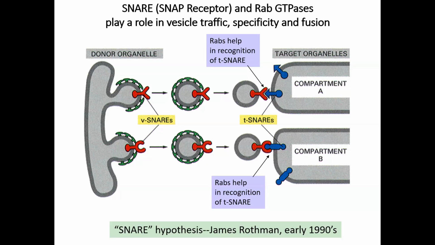So the first part, we actually saw how the vesicles form right here. That is what we're seeing, the donor organelle. This could be the ER, the Golgi, or the trans face of the Golgi. This could be the plasma membrane, or the endosome or lysosome. So this is your donor organelle and the target organelle.